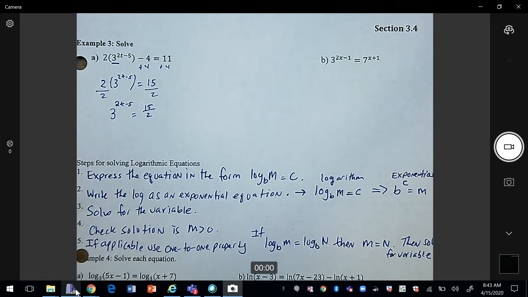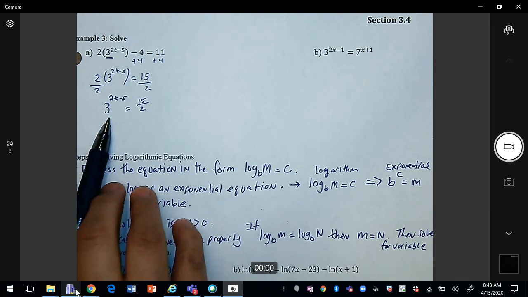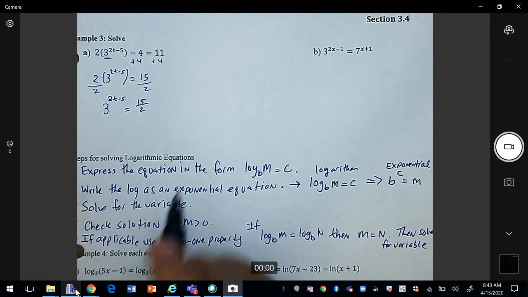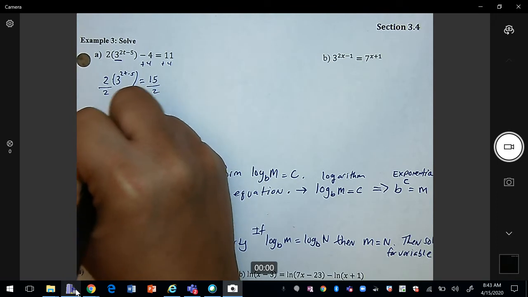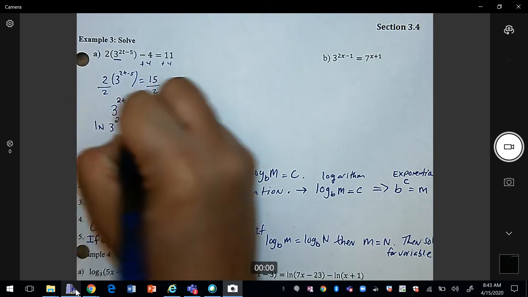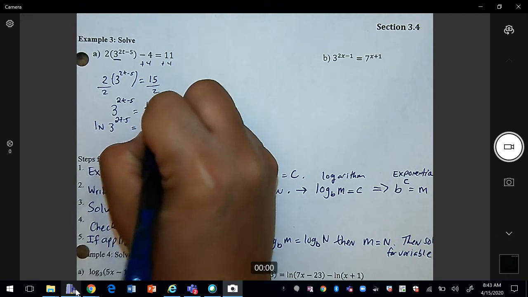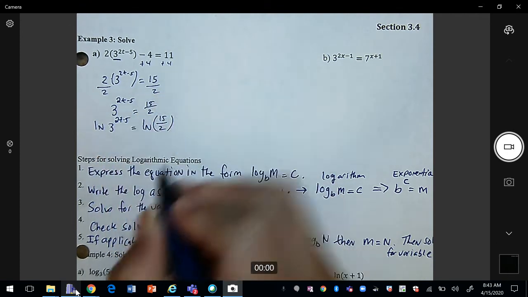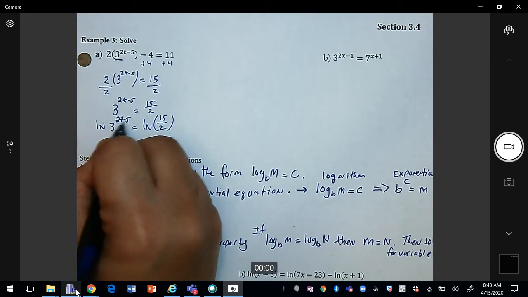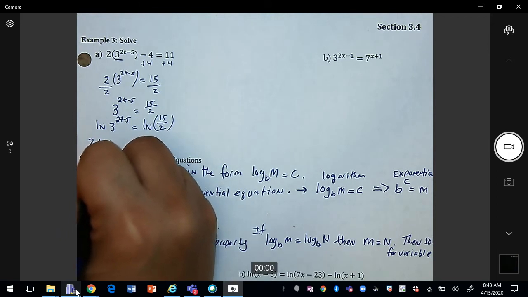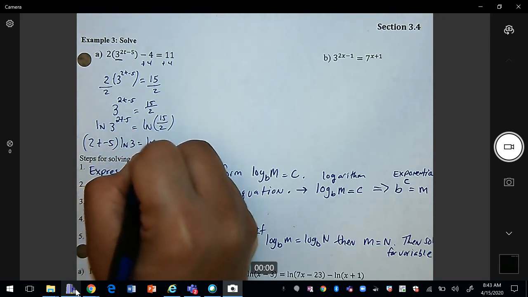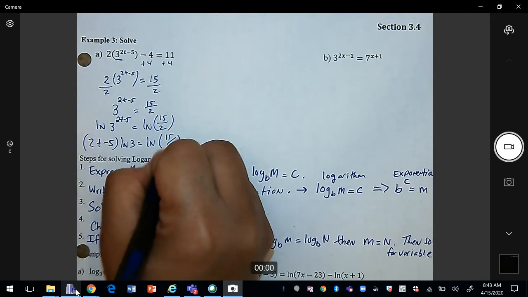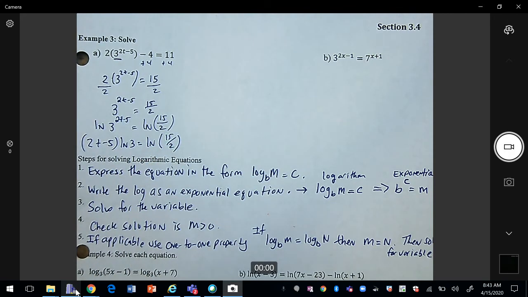And so now I have my exponential expression isolated. I can take the natural log on both sides. Use the power rule to bring the exponent to the front. And now we can solve for t.